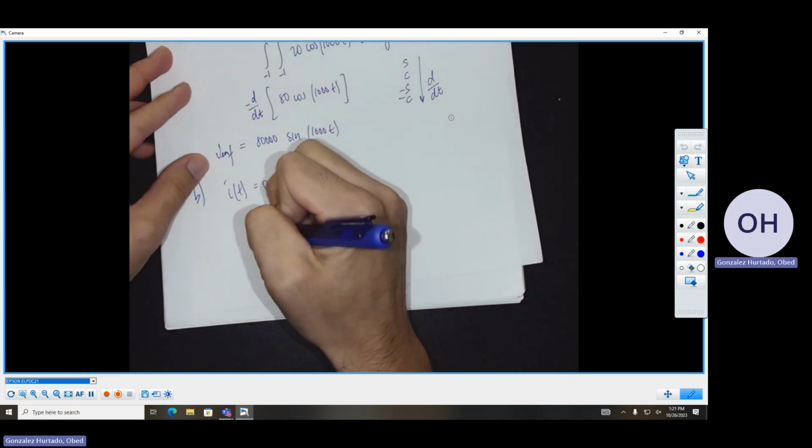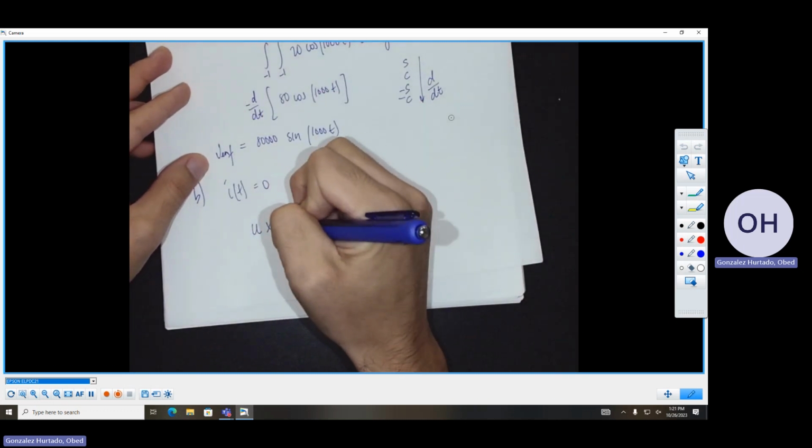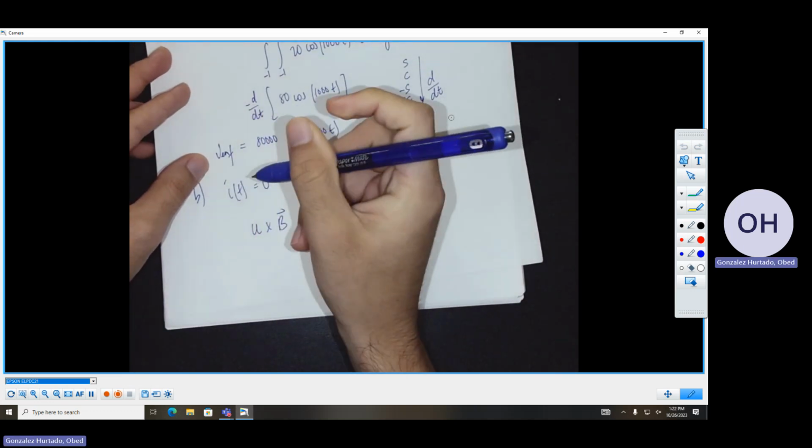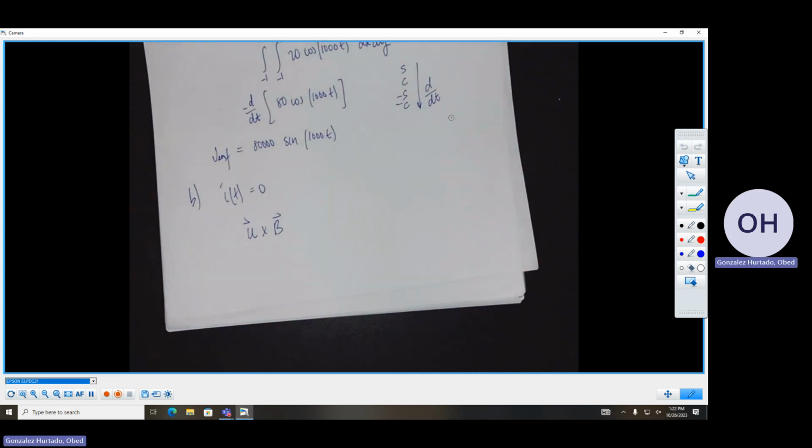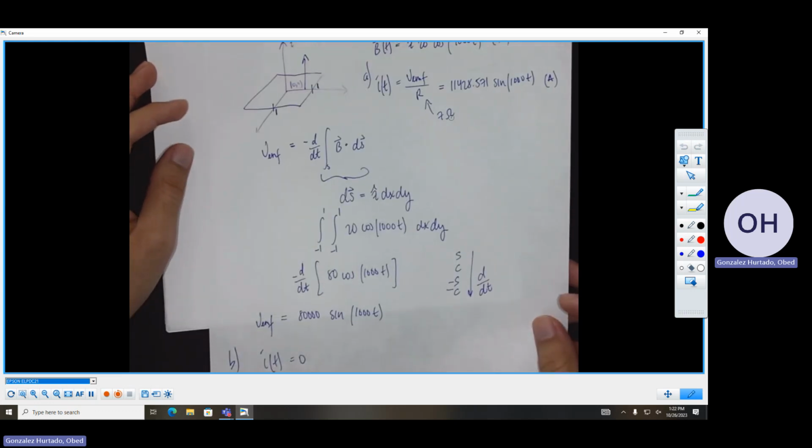You would be taking the cross of them, where your u is your velocity.